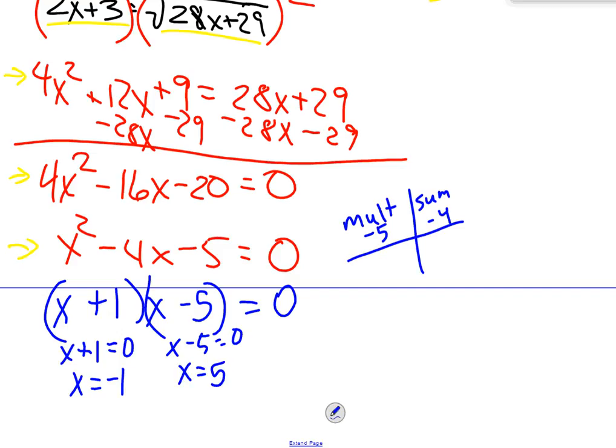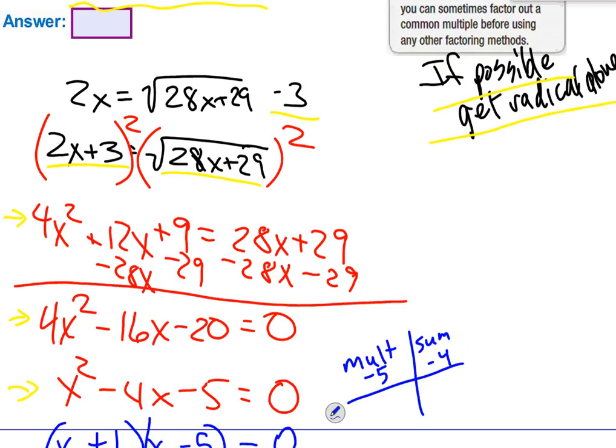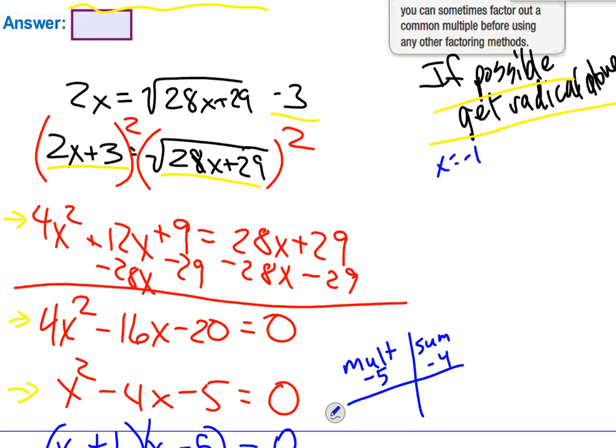The little thing you have to be really aware of is to make sure that you check your answers back in the original. So we got x equals negative 1 and x equals 5. When we check that in the original, 2 times negative 1 is equal to the square root of 28 times negative 1 plus 29 minus 3. This is negative 2 over here.